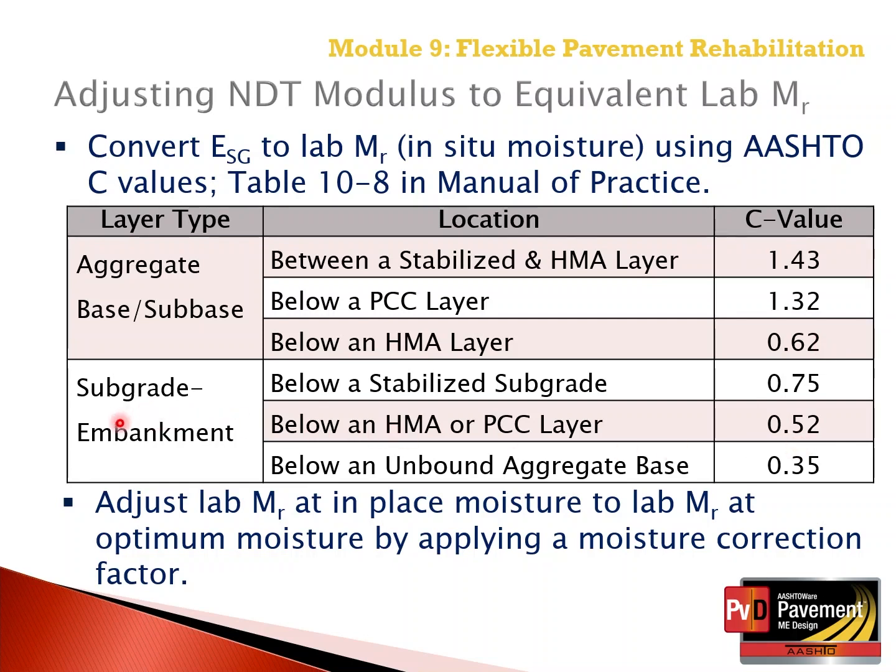If we have a subgrade below an aggregate base material for a standard traditional flexible pavement, then that back calculated elastic modulus of the subgrade is multiplied by the C value of 0.35 to obtain the resilient modulus that's entered into the Pavement ME design software.